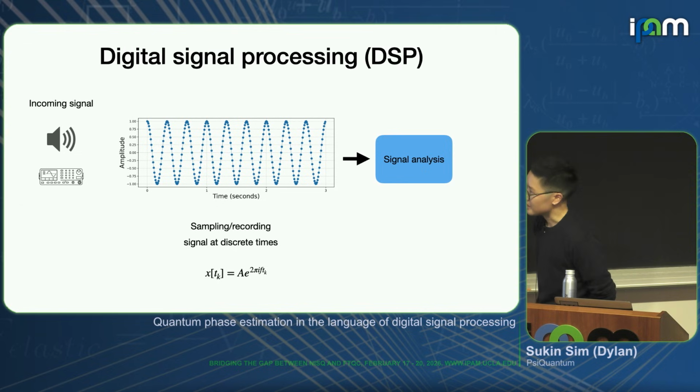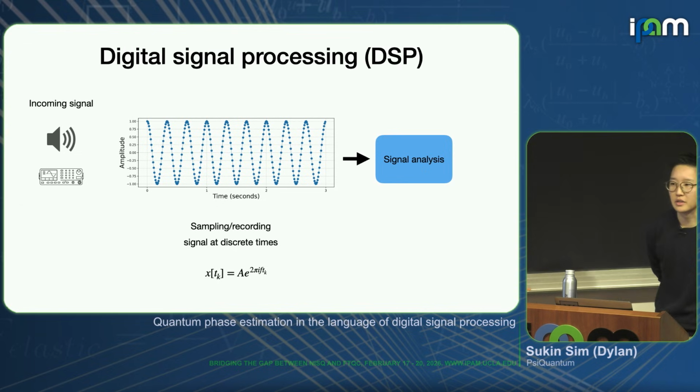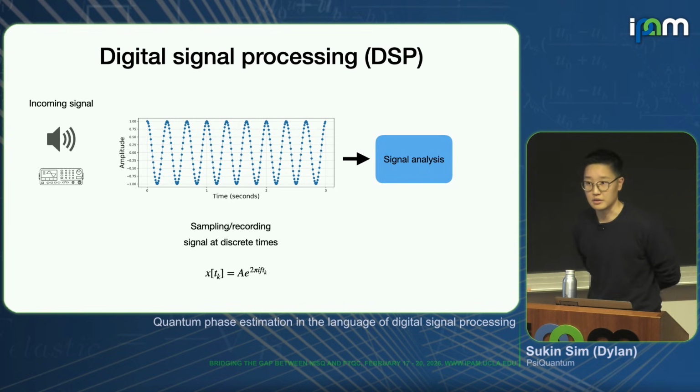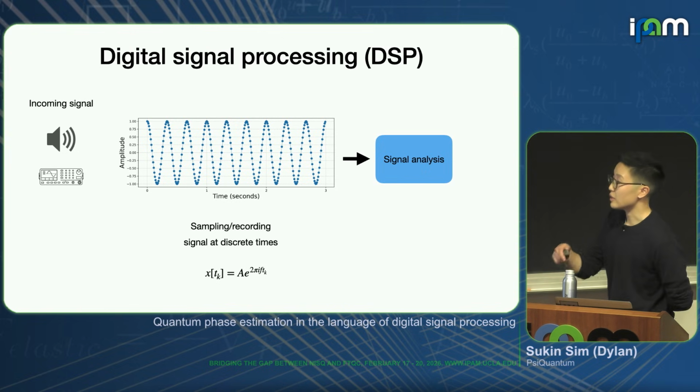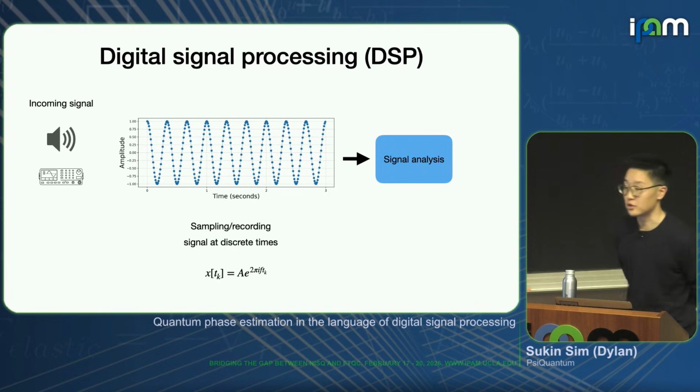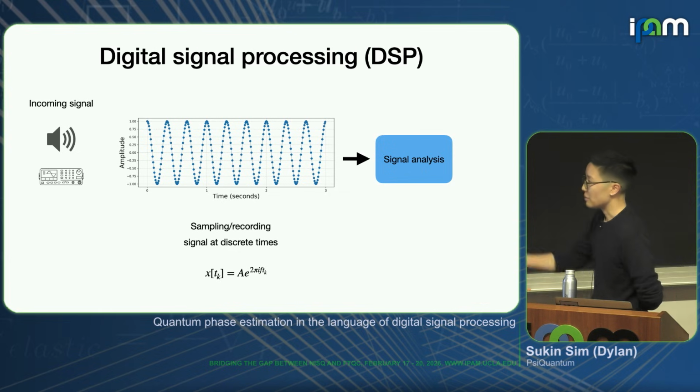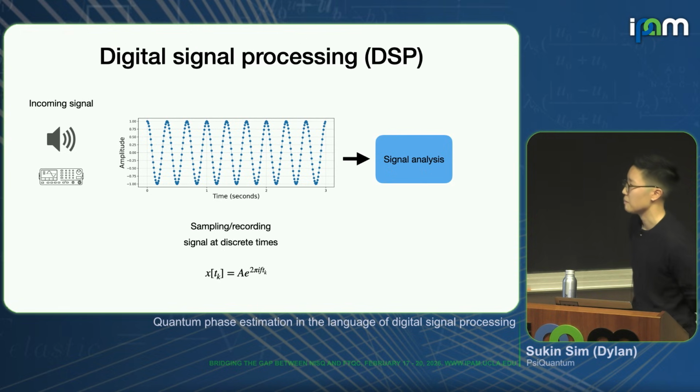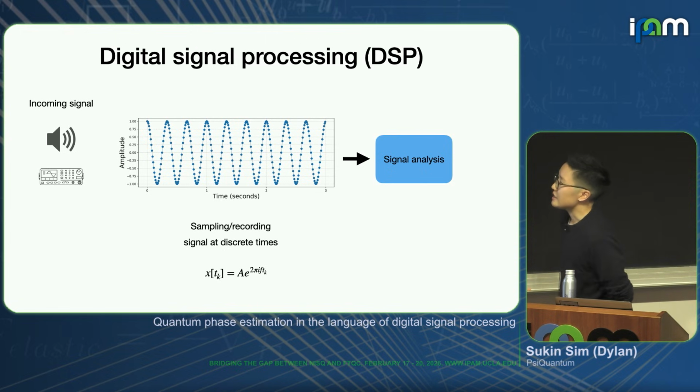In signal processing, we have some incoming signal, either from nature, like audio, or a man-made signal, like from a waveform generator, and we have some underlying signal. In practice, we use a digital device to sample or record the signal at discrete times, shown by the round markers here for a complex exponential signal. Then we take these samples and feed them into some sort of signal analysis.